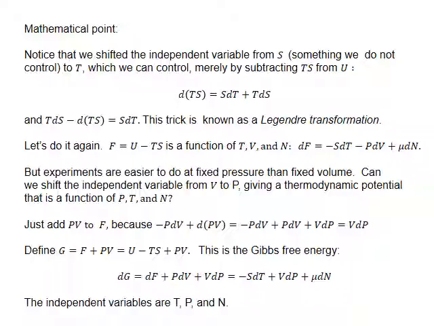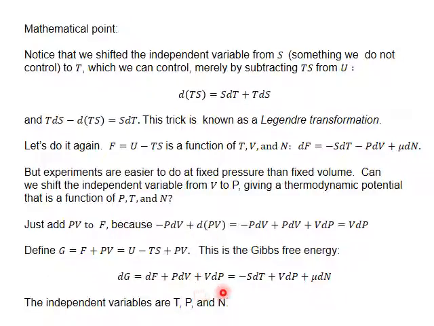So if I define this new quantity, which I'm going to call the Gibbs free energy, it's going to be F plus PV, that's U minus TS plus PV. I can take its differential, and we calculated dF before. We add these two things, and now we end up with minus SdT plus VdP plus μdN. I'm going to be working really with this in the next lecture on Friday.